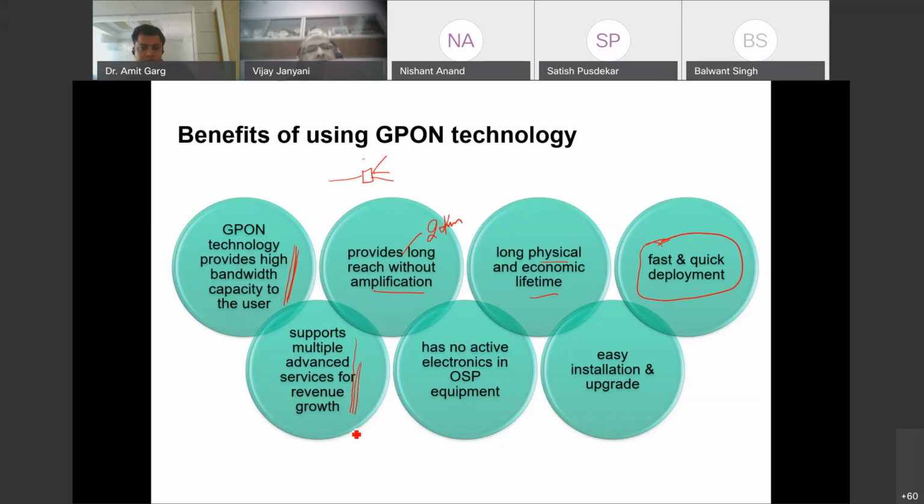You have triple play services, data, TV, internet, voice, everything on one fiber. It has no active electronics in optical signal processing equipment, again as I said, only in the ODN. But on both sides, at the OLT and ONU, you need active components. Upgrade is also very important and very easy.